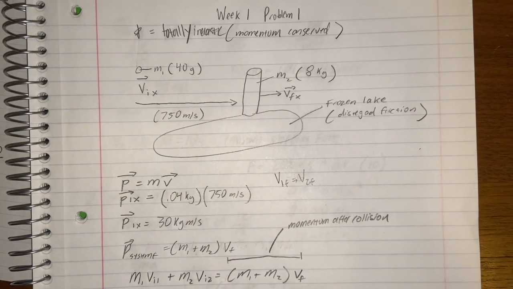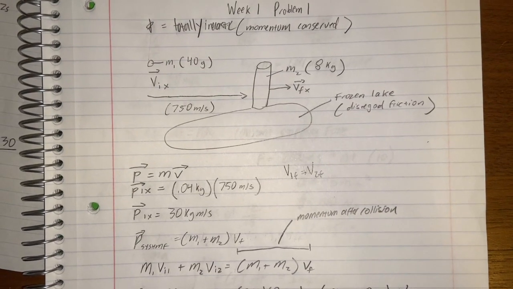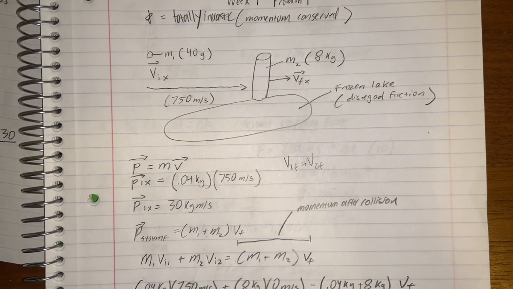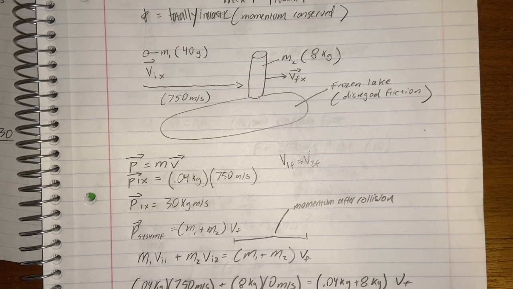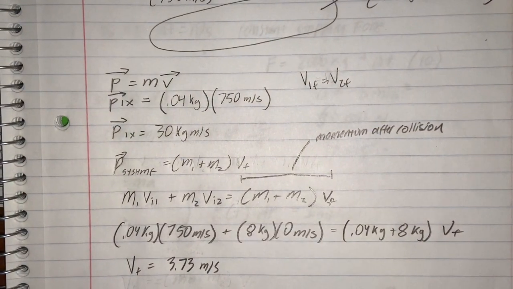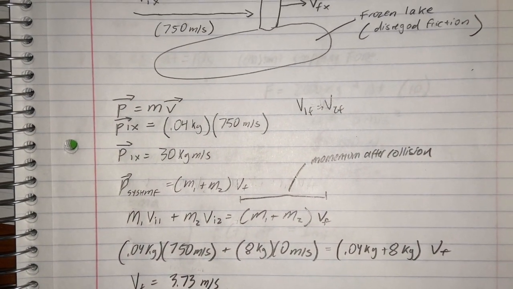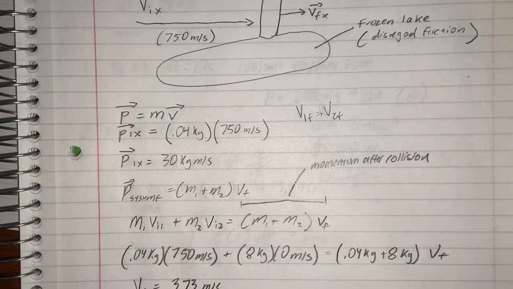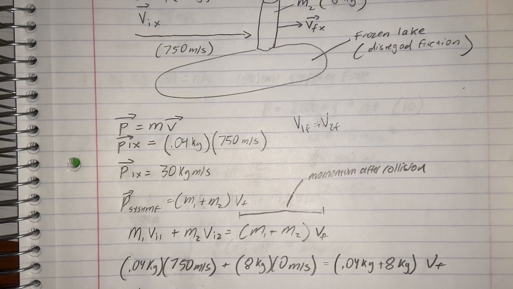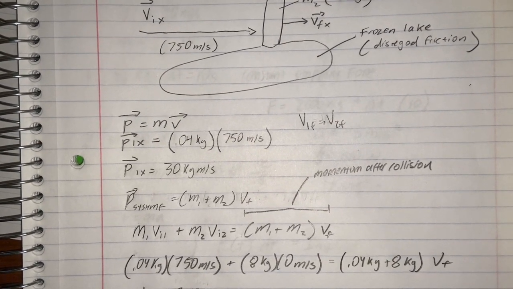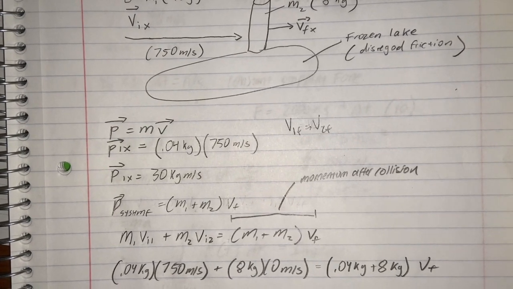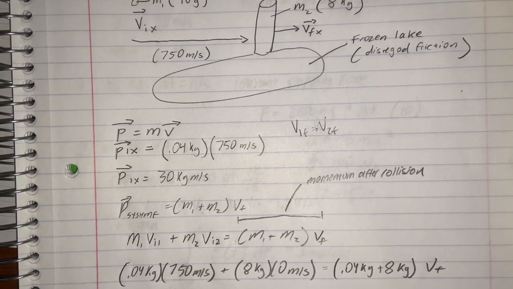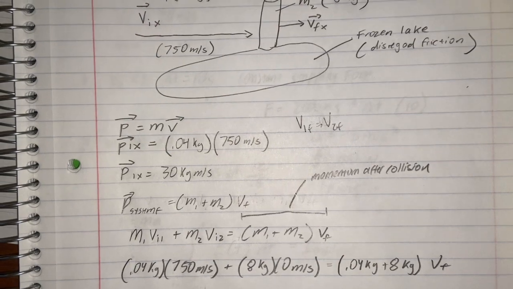The first step to finding the final velocity is you can look at the problem a couple ways. So right here in this equation, the left side is the momentum of the system before the collision and the right side is the momentum after. Right above we have that momentum is equal to the mass times the velocity.